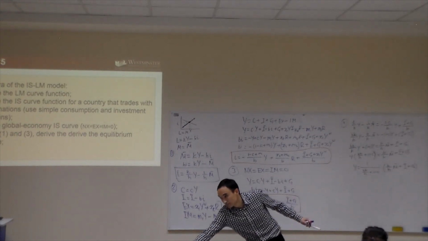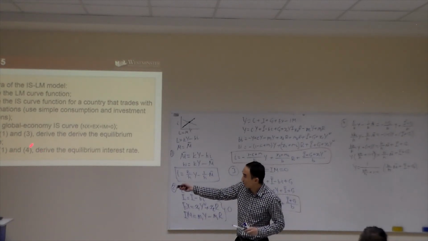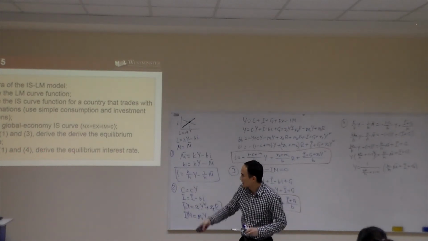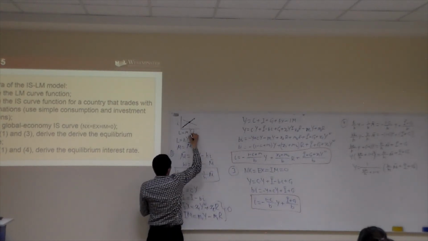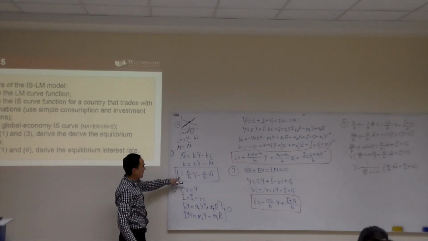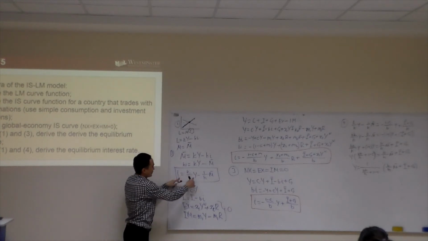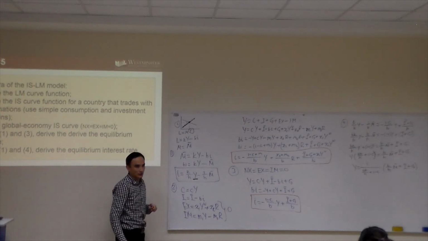Okay? Good. Next. Using the first derivation and the fourth derivation, find the equilibrium interest rate. Which means that now, once we found this one, we can find this one too. So now let's use that LM curve function. We have to find this one because we already found this Y. If we plug what we found in here, we will find our equilibrium interest rate.